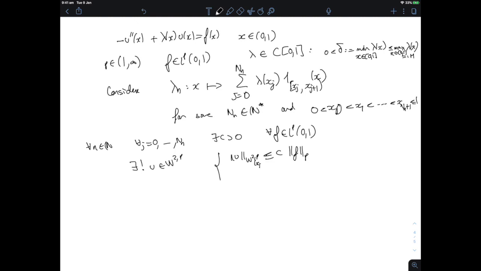So this is W2P of xj to xj plus 1, and then this is LP of xj to xj plus 1.